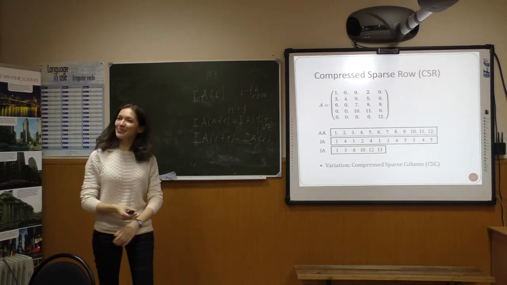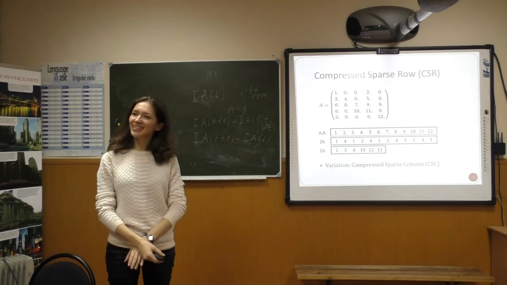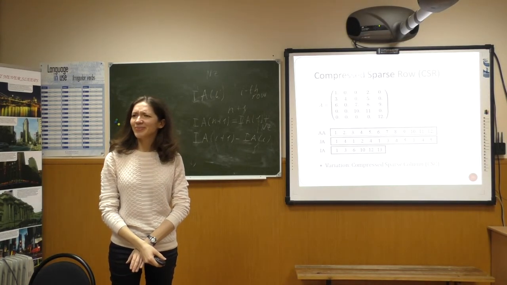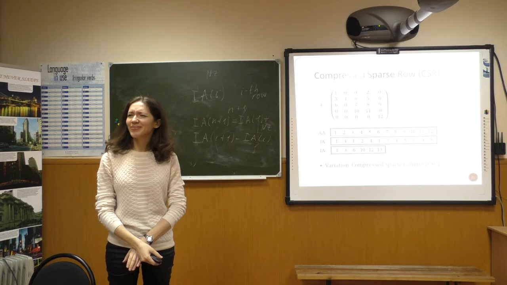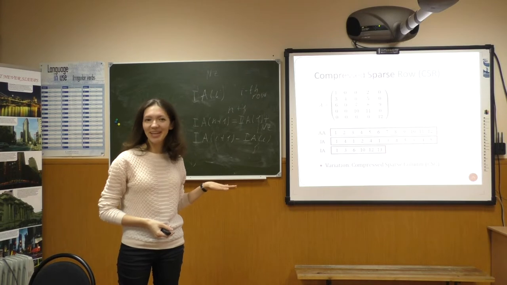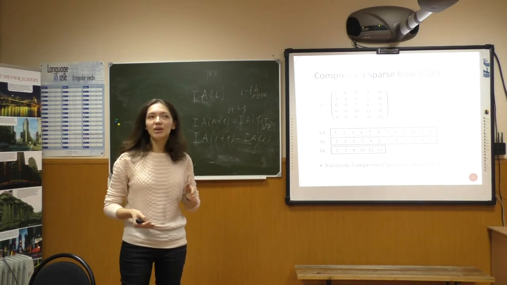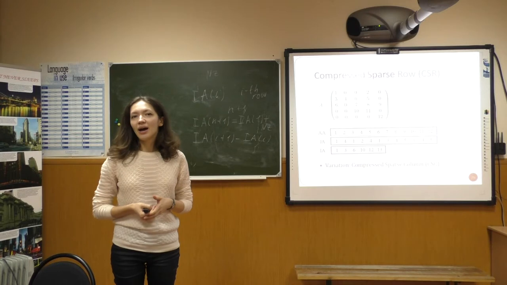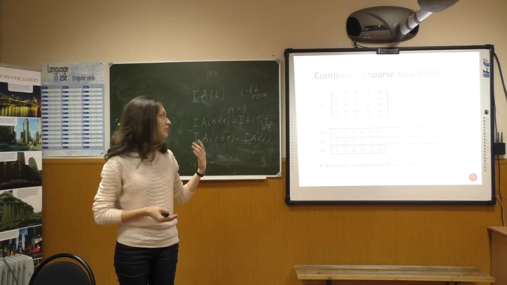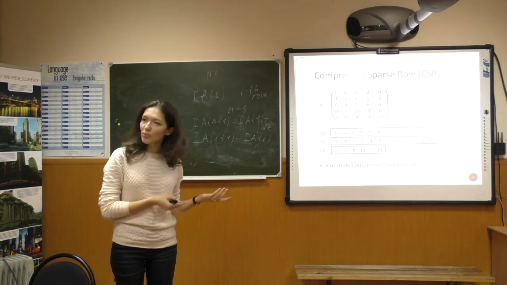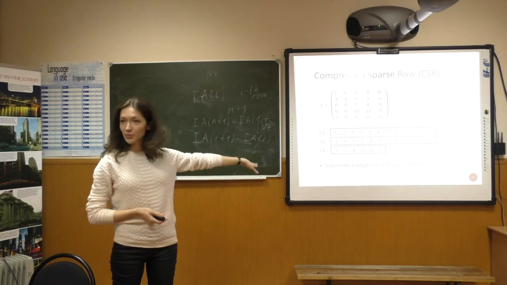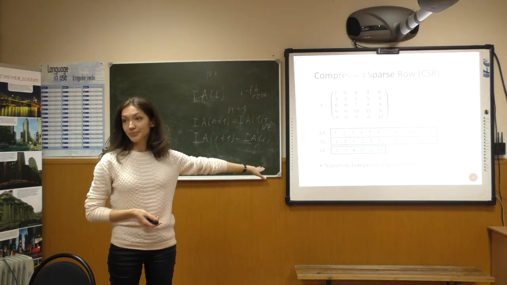Sorry, but what about if there are much less elements in the matrix? Maybe the first format will be more preferable. Yes. So it depends, of course, on the matrix. Sometimes it also depends on the solution method. So sometimes really the preferable format is the previous one, the coordinate format, but actually this one is the most commonly used.